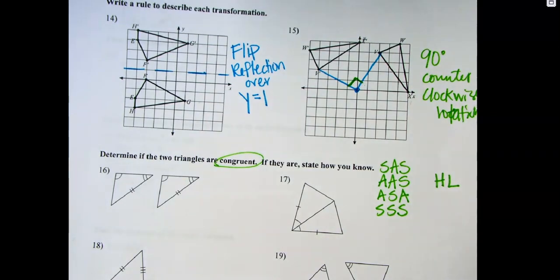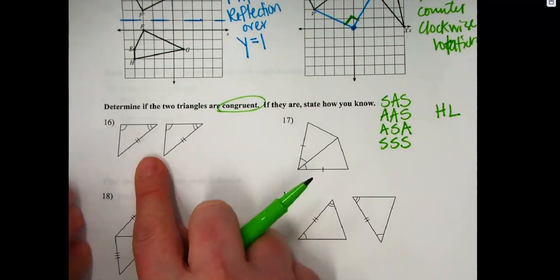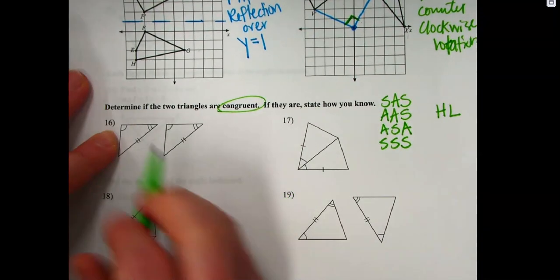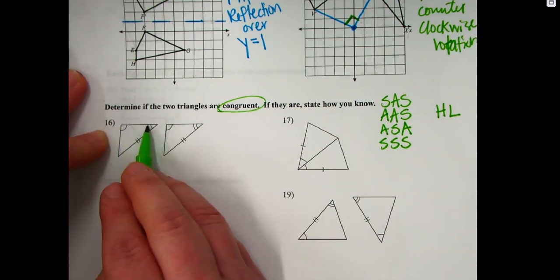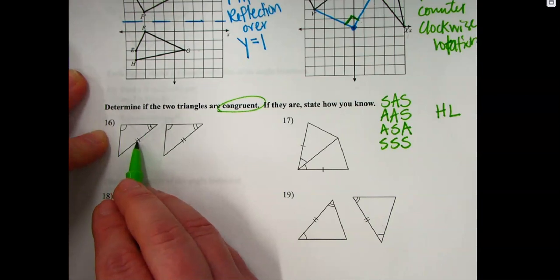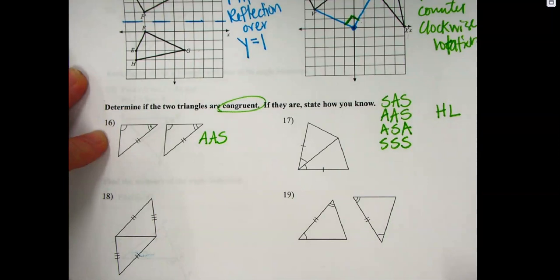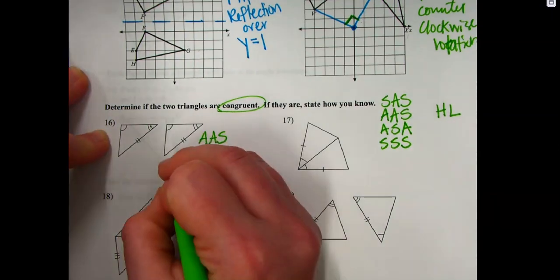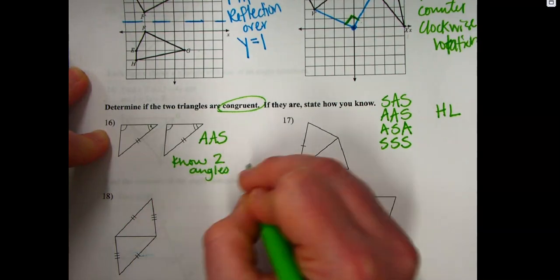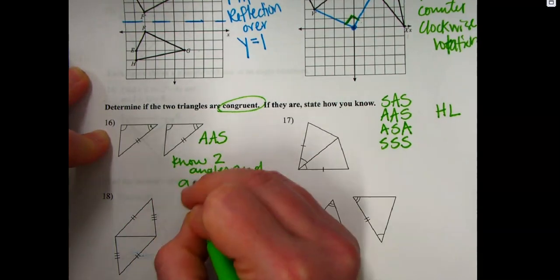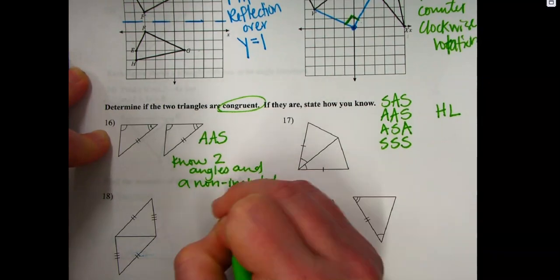So if you look at this, you can see that you have angle, angle, side. So we know an angle, and we know a side. Is that one of our options? Yes. Angle, angle, side. Okay, so we know two angles and a non-included side.